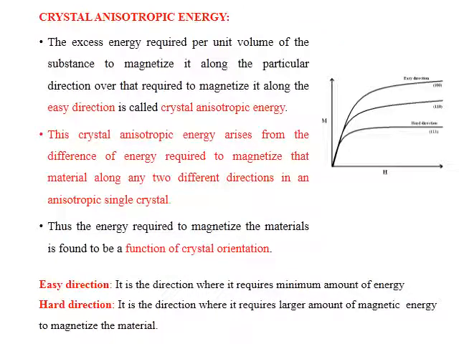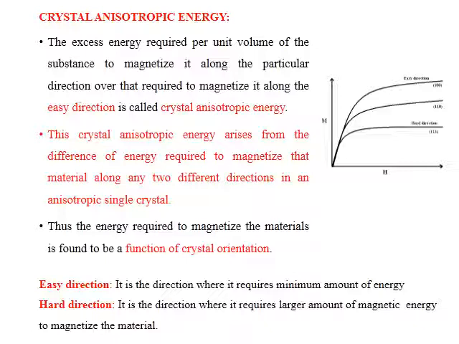So the crystal anisotropic energy is nothing but the energy difference between the energy required for the easy direction and the hard direction. You can see the diagram representing the magnetization curve for a ferromagnetic material. In the direction of 100, for the application of a small magnetic field, you can see high magnetization.